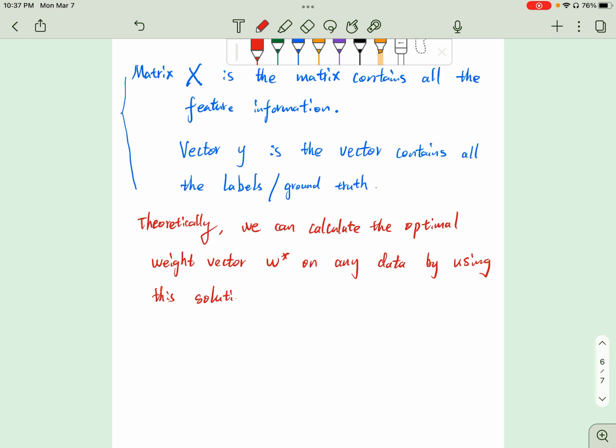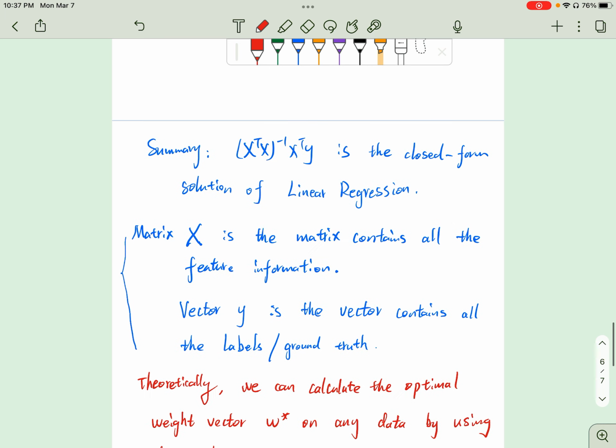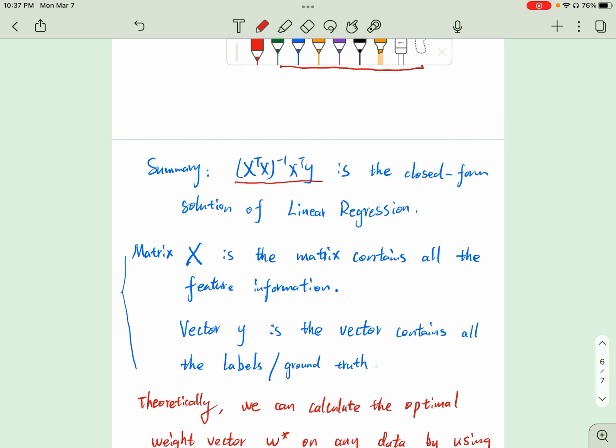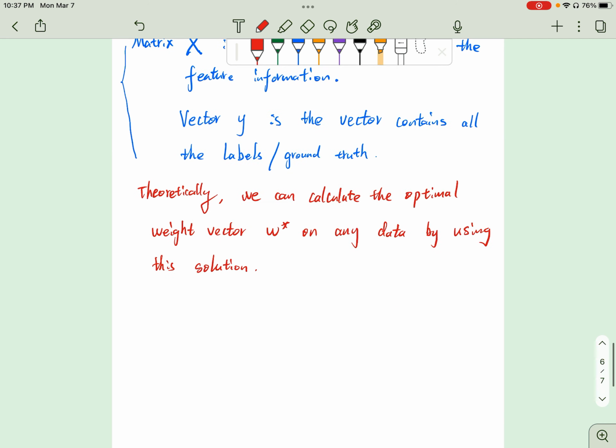So this is why it is called the closed form solution, because we can use this solution on any data.